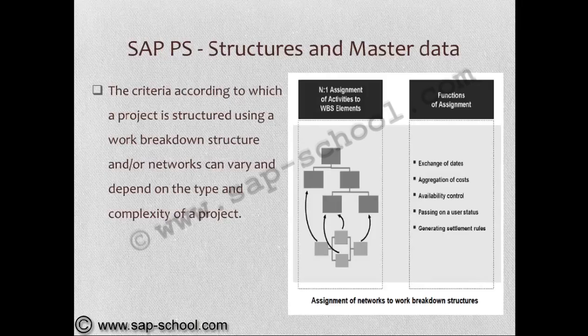Now, when we assign the activities to the WBS elements, the assignment functions will be exchanging of dates, aggregation of costs, availability control, passing on a user status, and generating settlement rules.